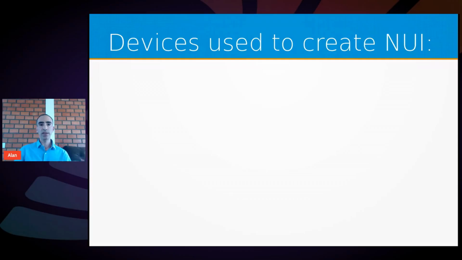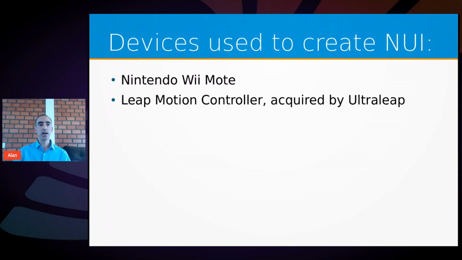So, what kind of devices can you use to create a natural user interface? The simplest example is the Nintendo Remote, where you can move the screen just by moving your hand with this controller.